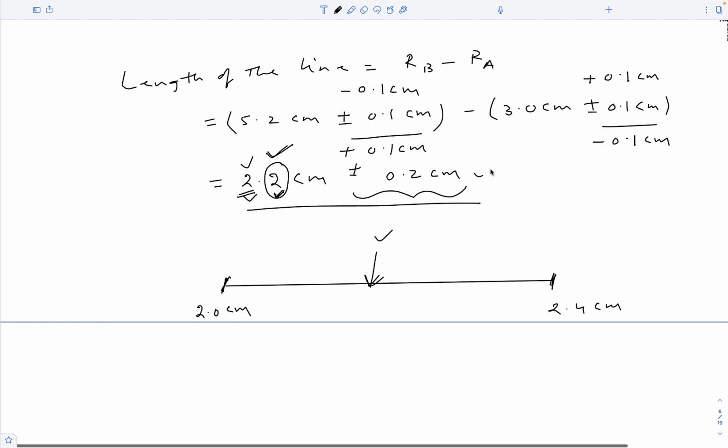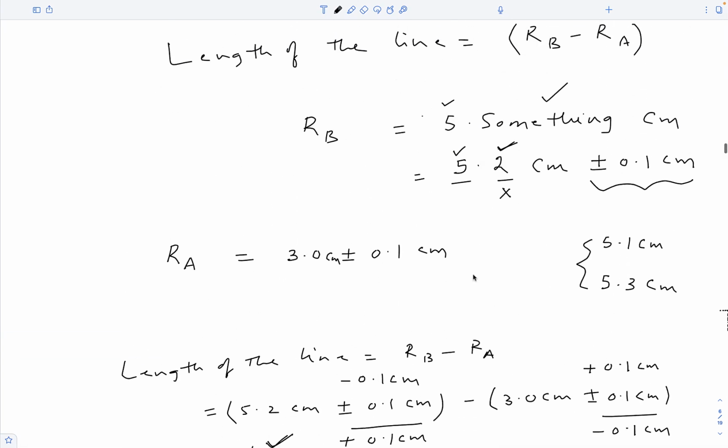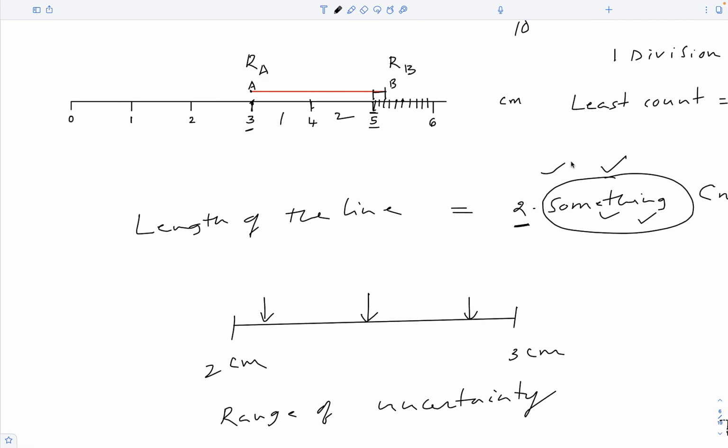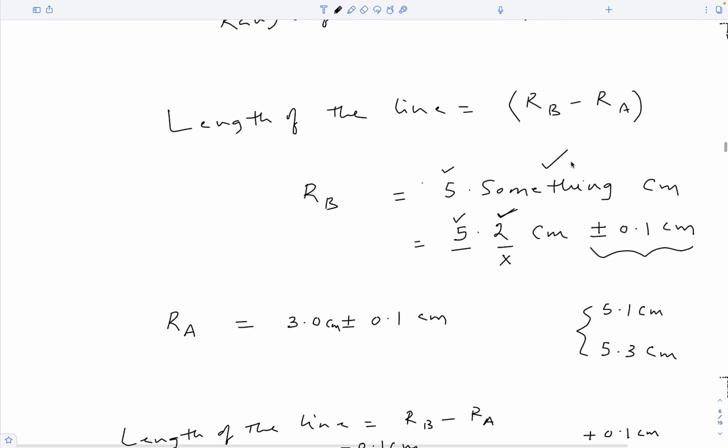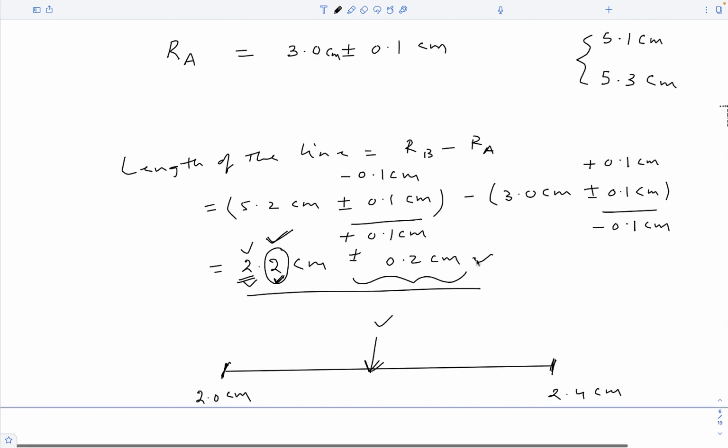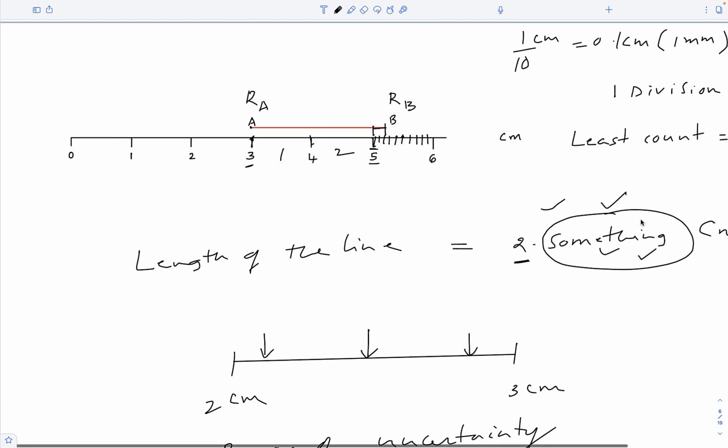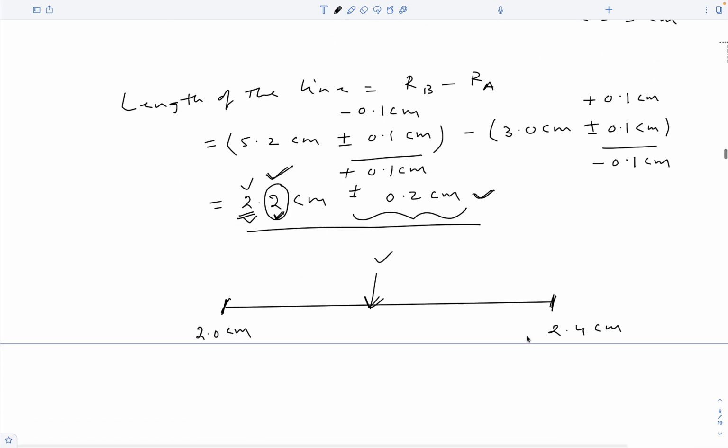So this measurement tells the length of the line more exactly than this measurement. Or in other words, this measurement is more precise than this measurement, because here the range of uncertainty is less. We narrowed down the range within which the actual length of the line would fall.